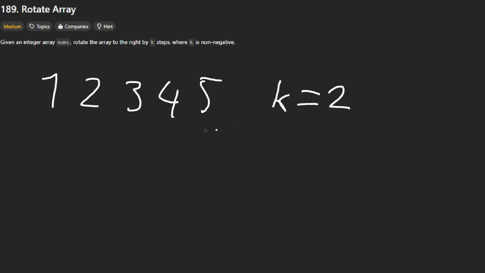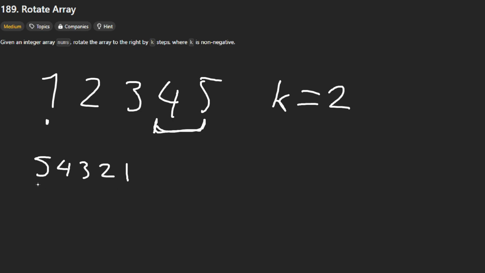In this case, what we'd be looking to do is rotate these two to here. But in the case of how the code works, it would look a bit more like this. We want to reverse the whole array, 5, 4, 3, 2, 1.